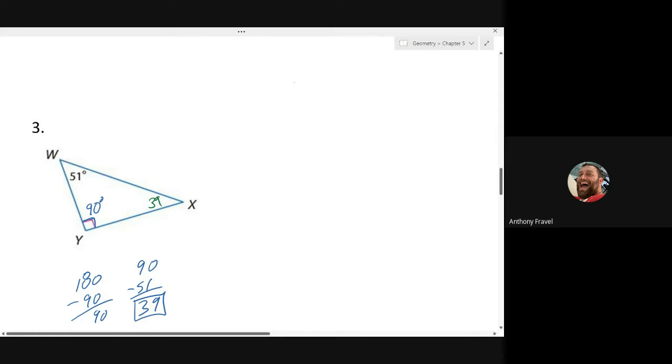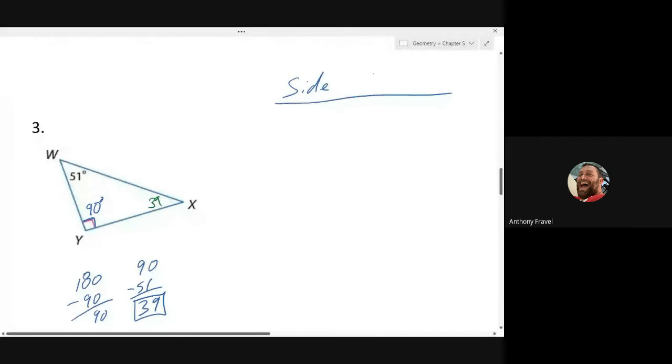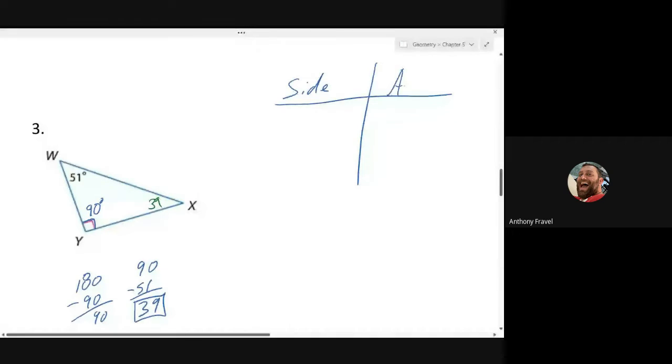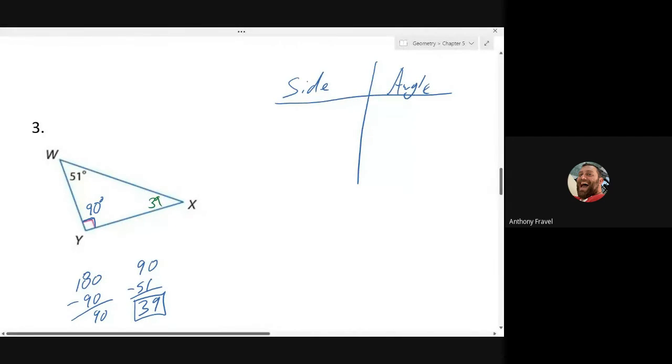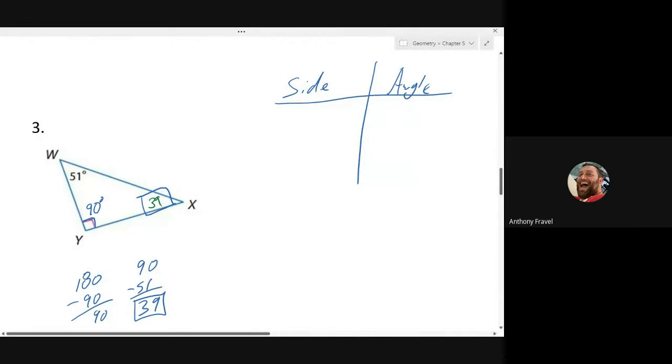Now I get to look at those angles and figure out which angles are going to match up with the sides on my triangle. Just like before, I'm going to make a little chart. I've got the sides, I've got the angles, and I want to order them from smallest to largest. Looking at this chart, the smallest angle I have, the smallest number, is 39.